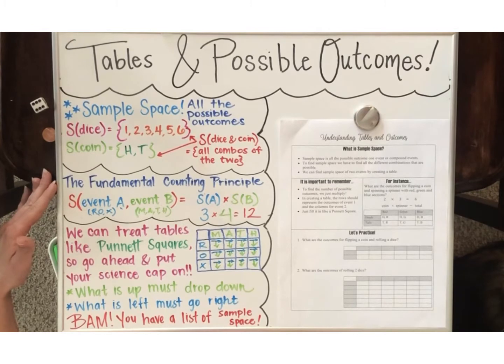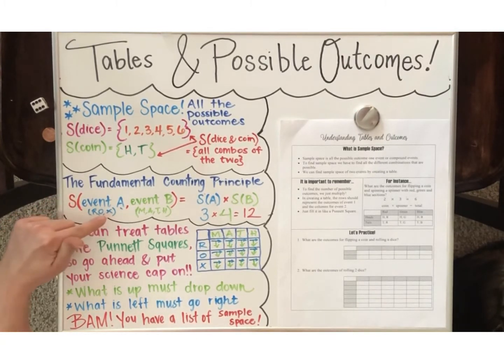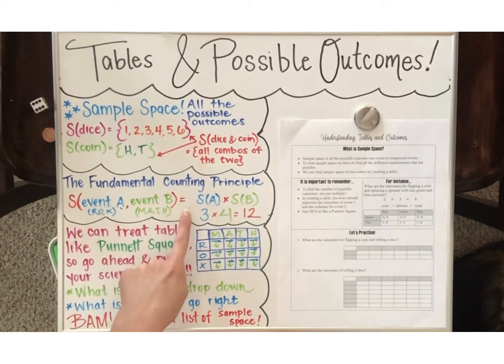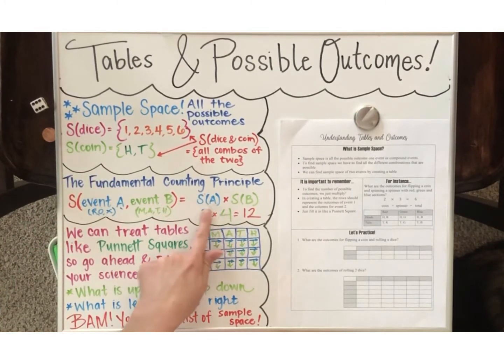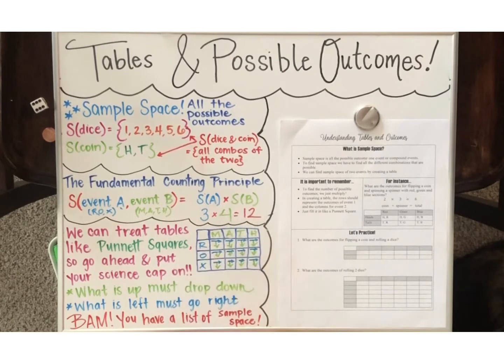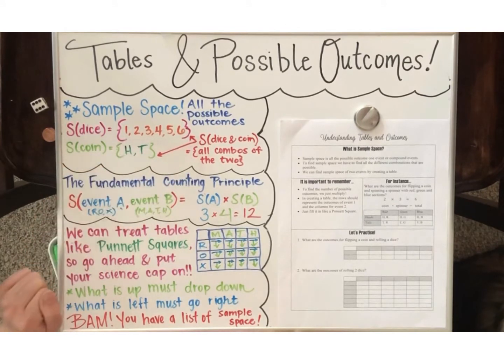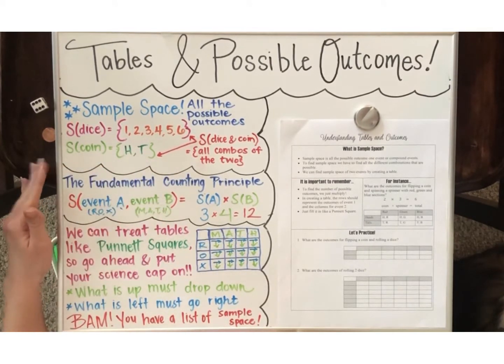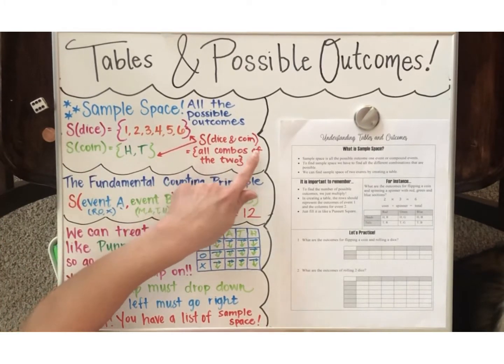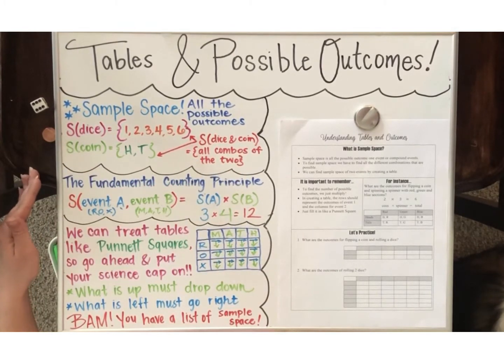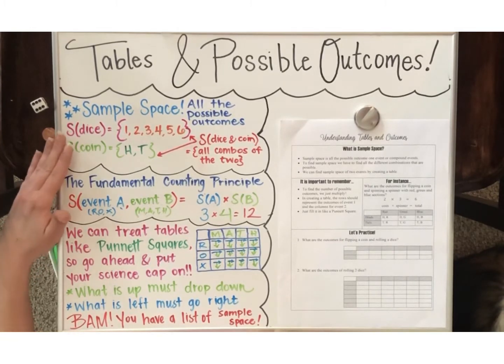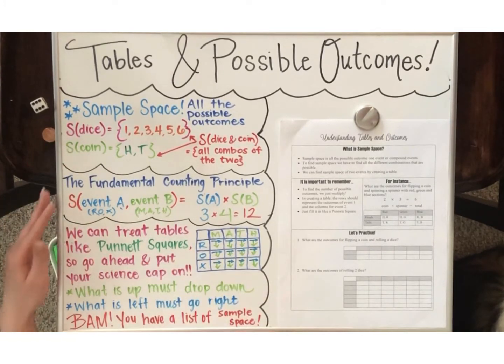That's just a big, long, fancy word for saying the sample space of event A and event B is going to be equal to the number of things inside of A times the number of things inside of B. If we were talking about these two instances, we would have 6 inside of dice and 2 inside of coin. So we would do 6 times 2. So our sample space of dice and coin would actually have 12 items inside. And I think we actually have that specific example on our work page.